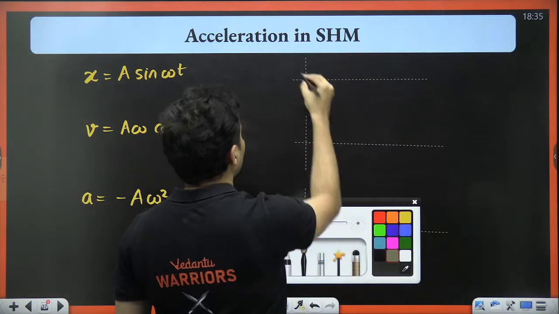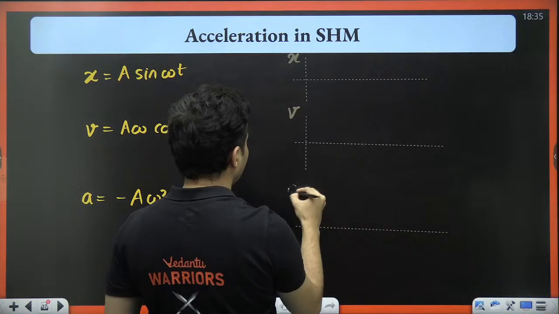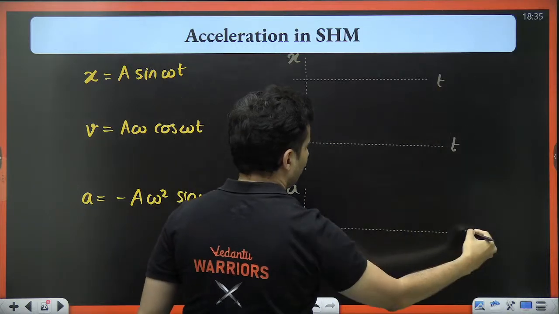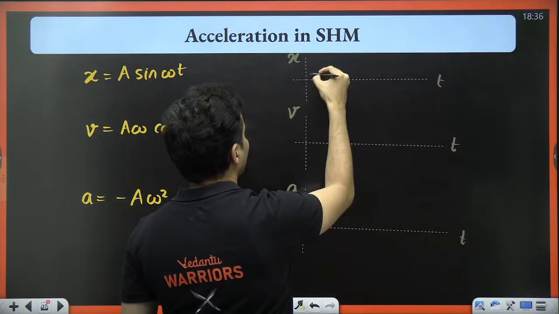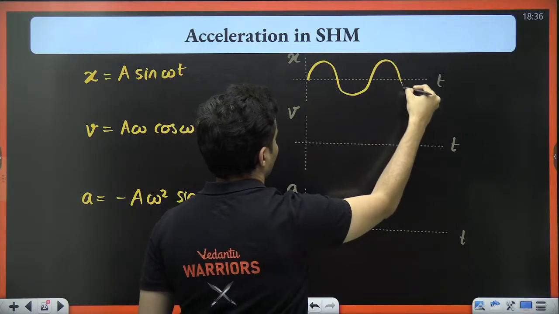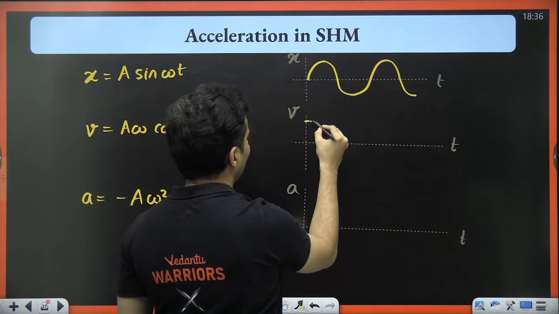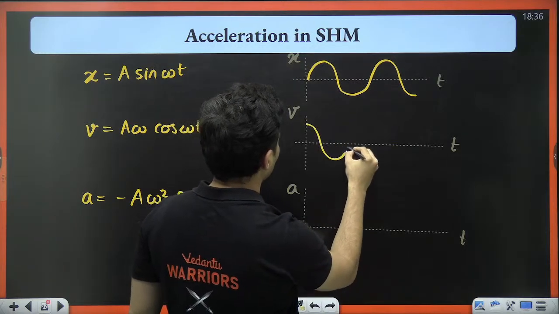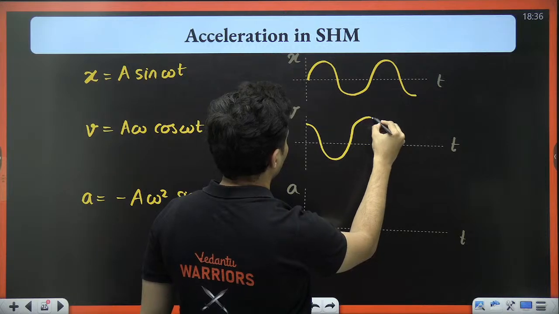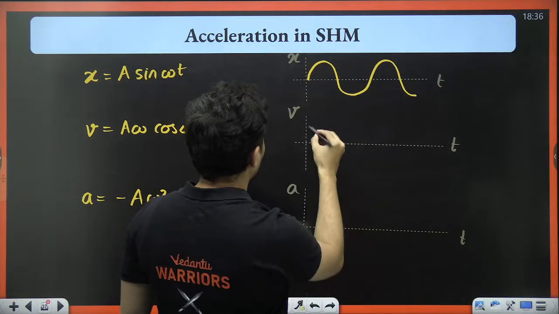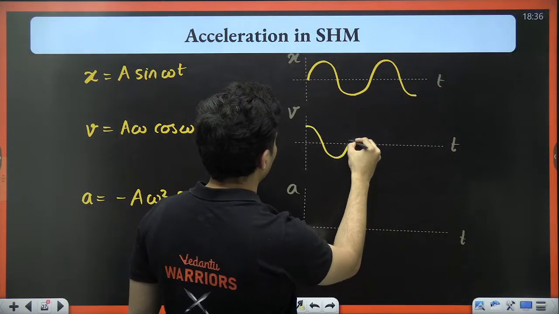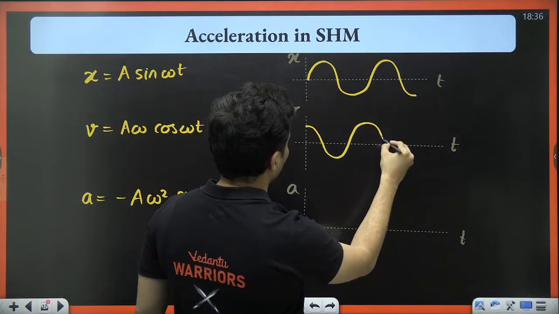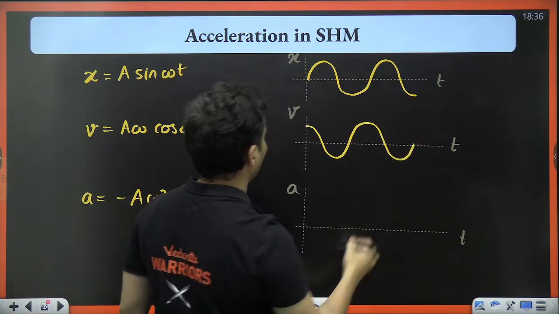So this is x, this is v, this is a versus time, of course. If the x graph is a sine graph, then velocity will be a cos graph, something like this. A little bit difficult to draw, but yeah.